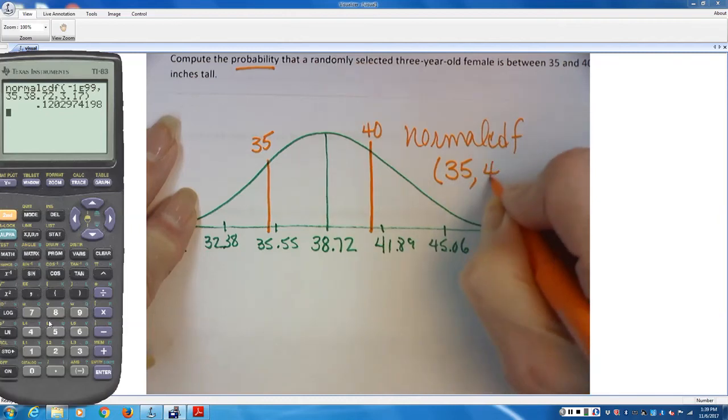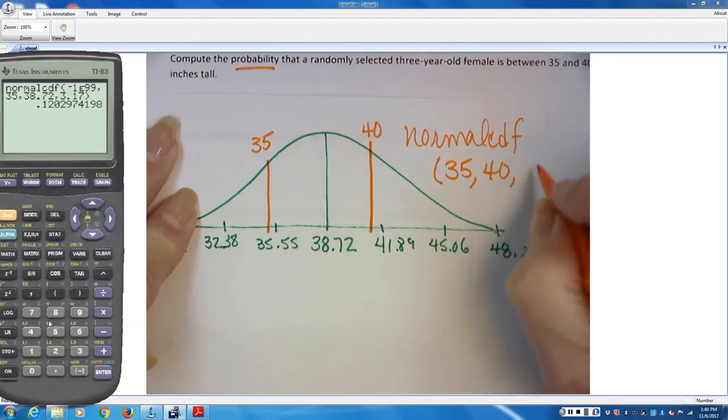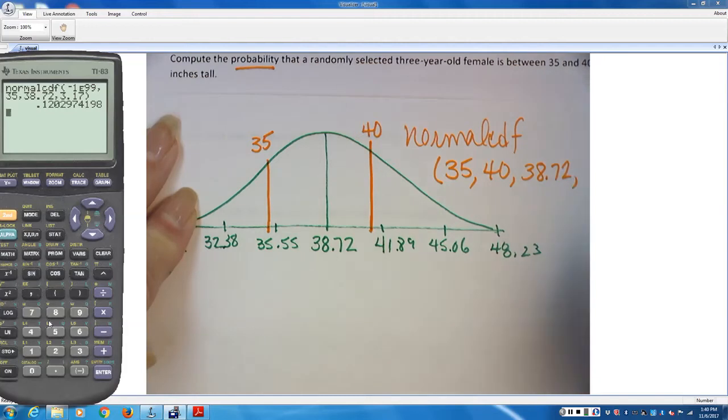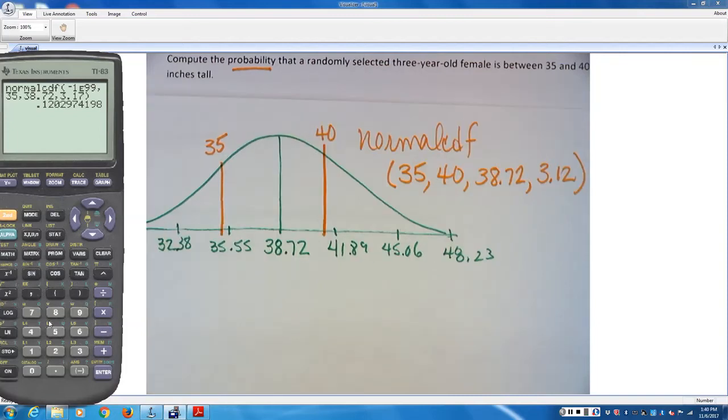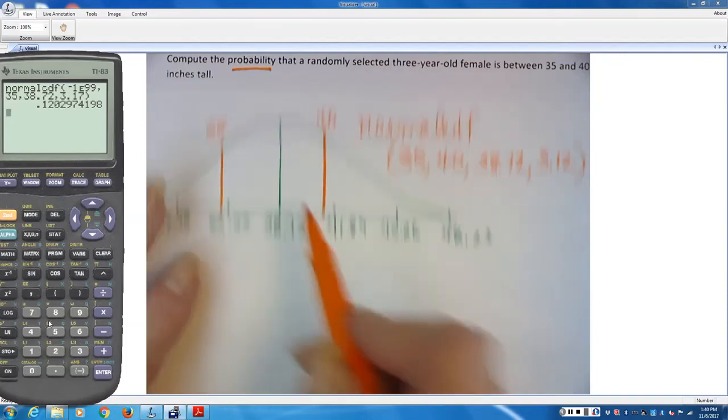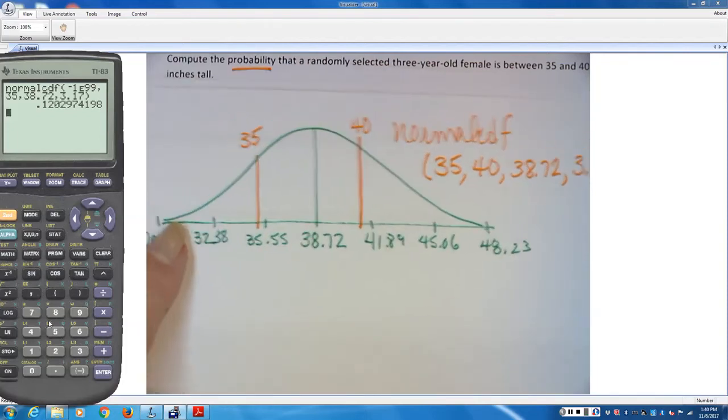(35, 40, 38.72, 3.12. And that should get us the area between those two heights.